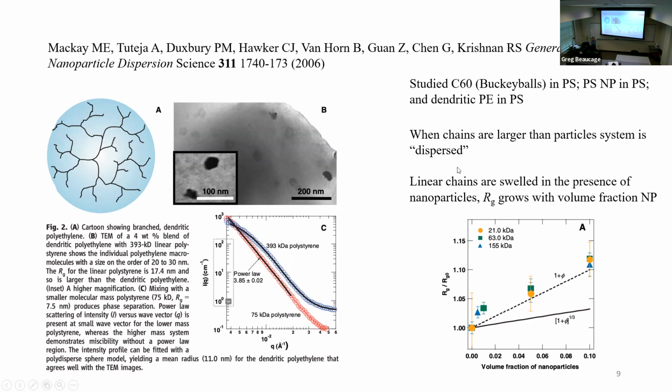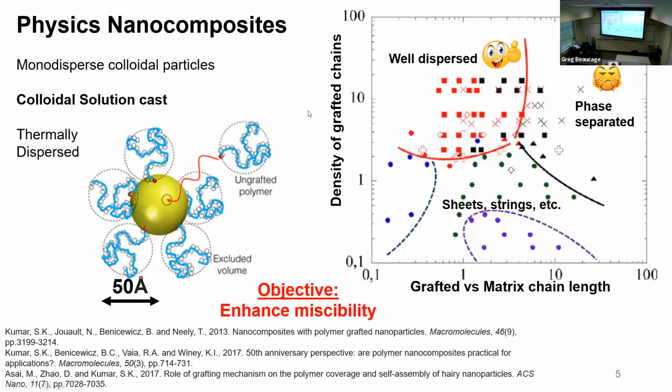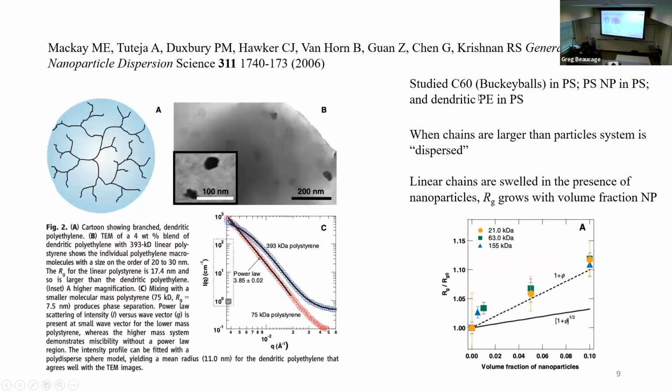He did that with dendritic polyethylene and polystyrene as dispersed particles. And then he got this mapping of how it goes with molecular weight, which basically gives you this line between dispersed and phase separated. So that already existed back whenever McKay did that.